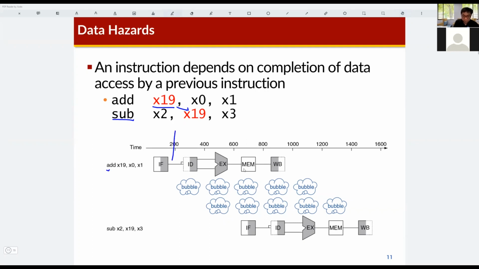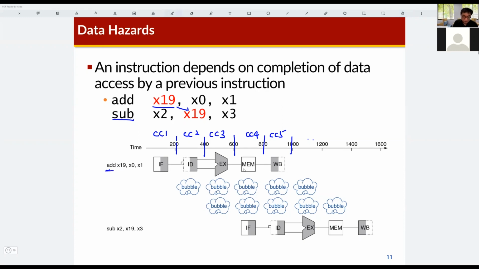So this is the clock cycle. In this hardware, the clock period is 200 picoseconds. So we can number the clock count at every clock period: clock count 1, 2, 3, 4, 5, something like that.